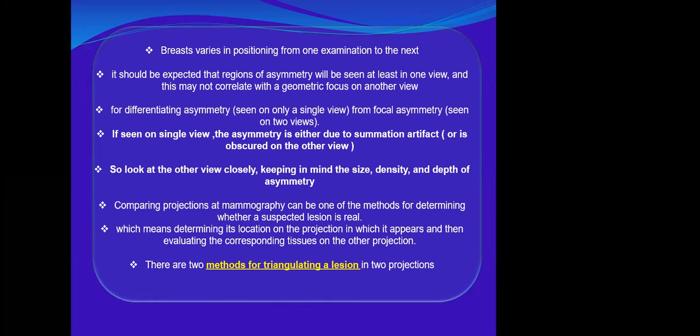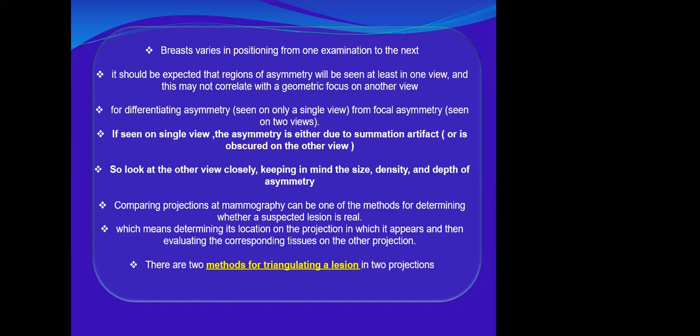Comparing the two projections at mammography can be one of the methods for determining whether the suspected lesion is real or not. And there are two methods for triangulating the lesions, as we described before.